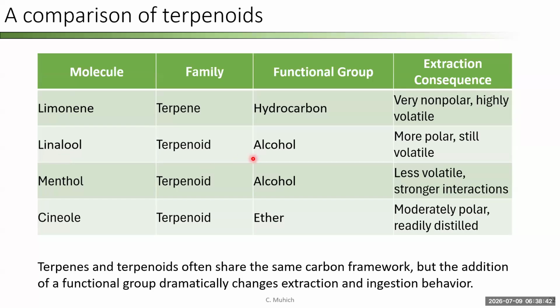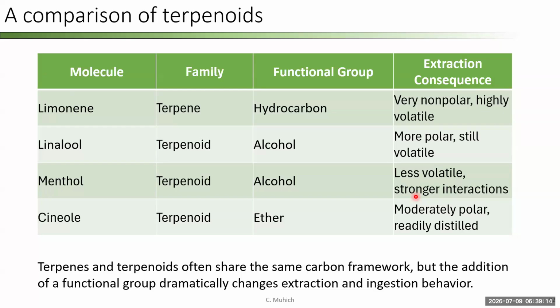Within the terpenoids, we can have alcohols and ethers, and this has distinct consequences for how we're going to extract them, right? So limonene is very nonpolar, highly volatile, versus linalool, which is more polar but still volatile. We go down to menthol, which is less volatile and has stronger interactions with each other, so less easily distilled.